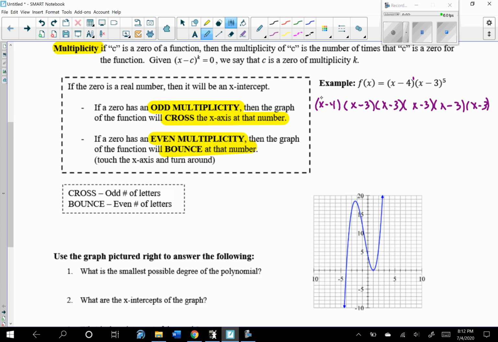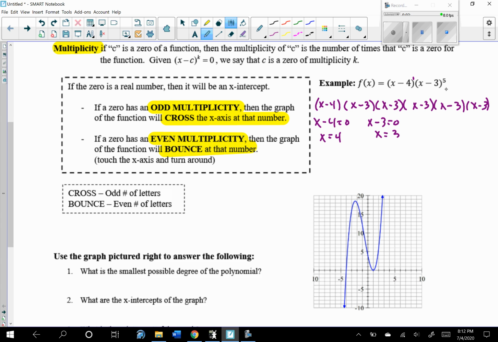If we solve x minus 4 equals 0, we get x equals 4. And if we solve x minus 3 equals 0, we get x equals 3. It doesn't matter that it's to the fifth power because you can only write x equals 3 once. So that's where the multiplicity comes in handy.